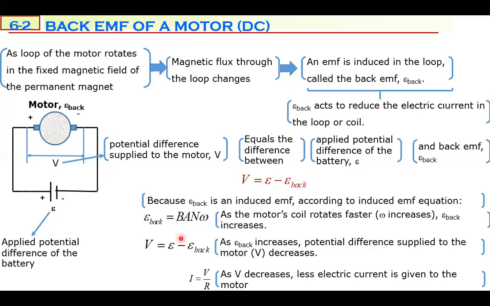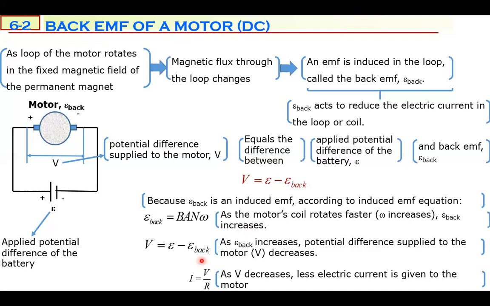E back can change according to the induction equation. As I said, back EMF is no different than the induced EMF. It's a kind of generator. B, A, and omega is the equation for back EMF. If omega increases, that is, if the motor starts rotating faster, omega increases and back EMF also increases. If the motor is going faster and faster, back EMF is also increasing.